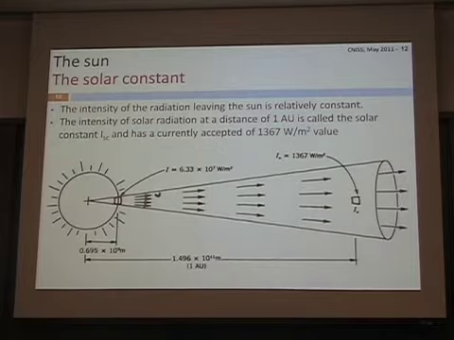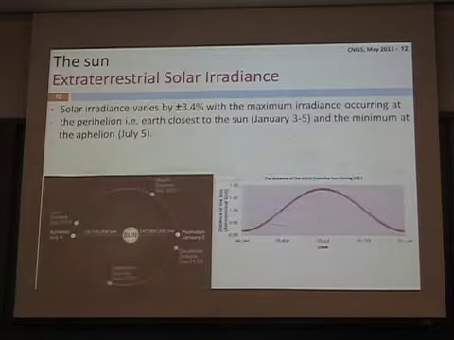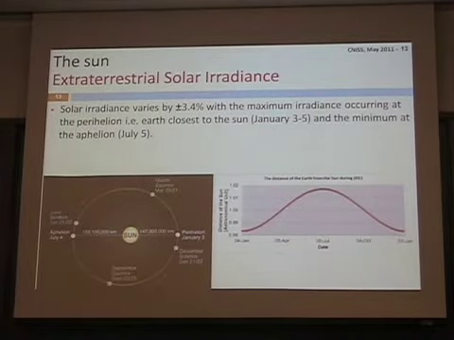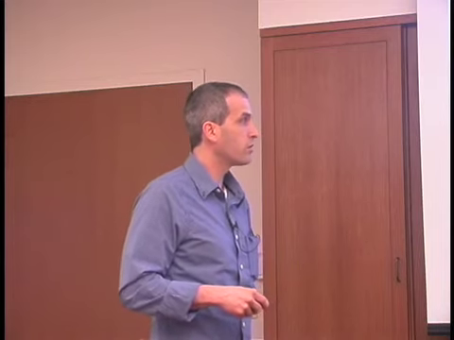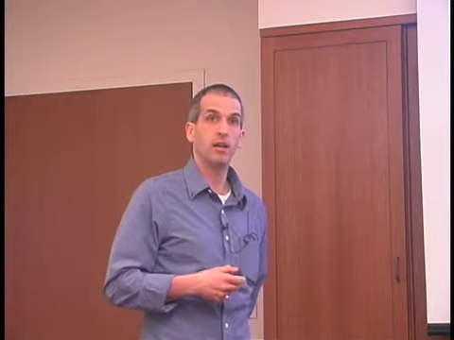It depends on the distance between the sun and the Earth, because the Earth has an elliptical orbit around the sun. So during different days of the year, you can have different distances to the sun. This distance changes by about 3 to 4%, and therefore this constant changes throughout the year. Actually, in the winter you are closest to the sun, so this constant is higher at this point of the year.